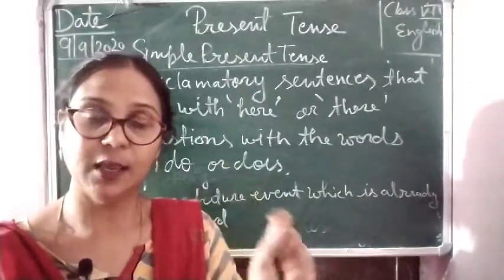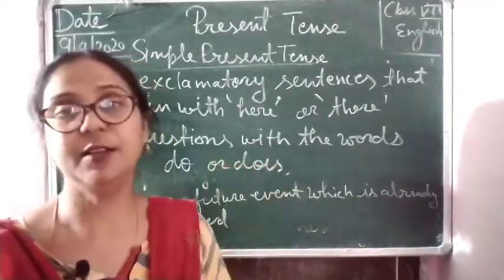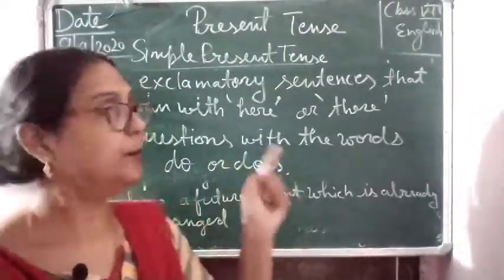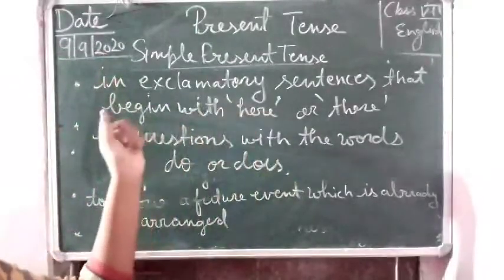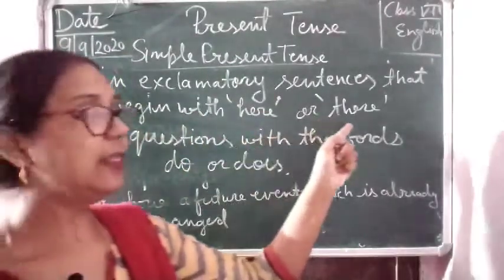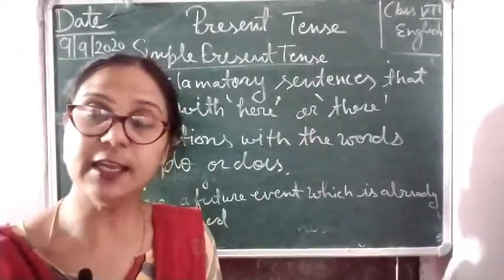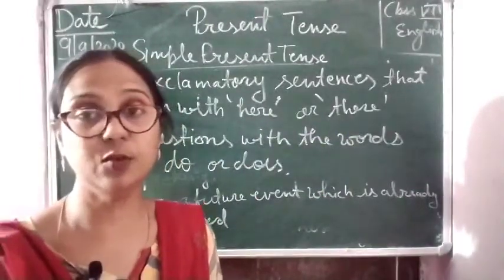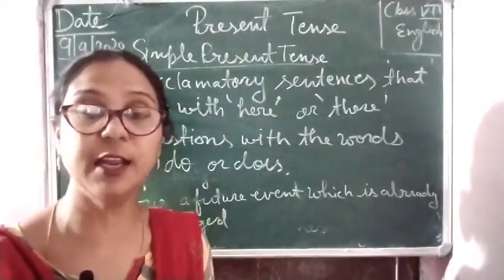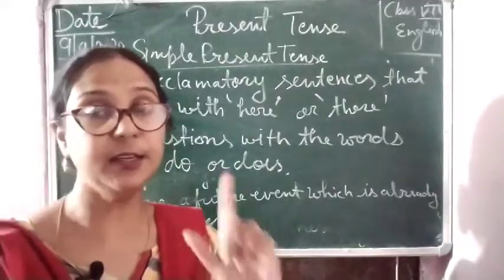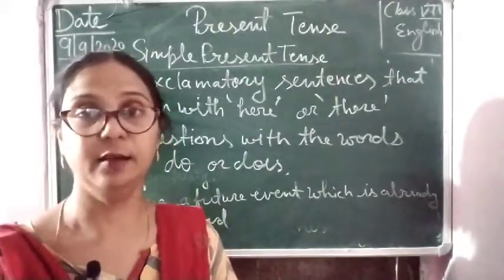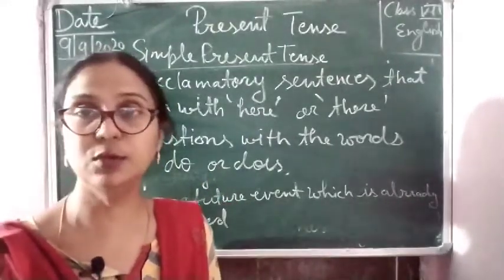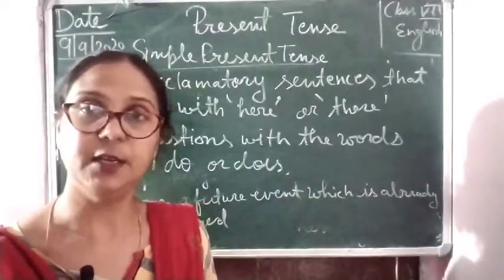So it is an exclamatory sentence, and it begins with here and there. Whenever we are writing exclamatory sentences that start with here and there, we are supposed to use simple present tense.